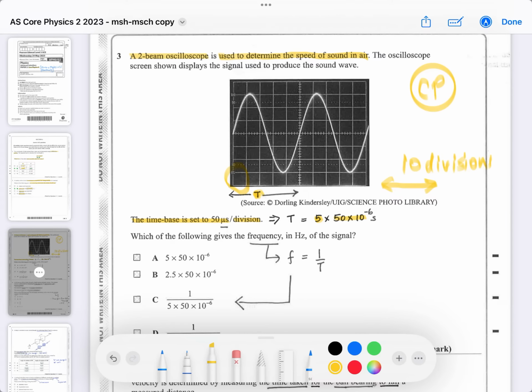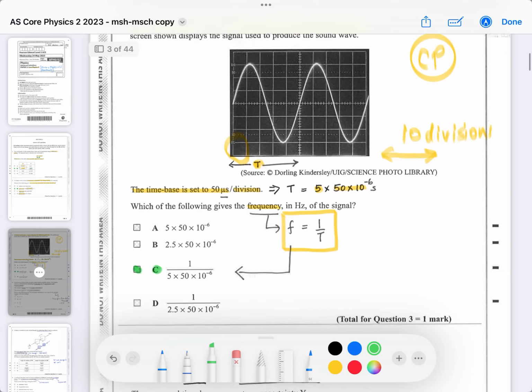Remember, micro is 10 to the minus 6. So you need to know all your prefixes. Once you know the period is 5 times 50 times 10 to the minus 6, you can then calculate the frequency, which is what they want you to do. They want it in hertz, and frequency is 1 over the period. So this is no different from a GCSE question, and you'll see the answer is C. Okay? Hope that makes sense.